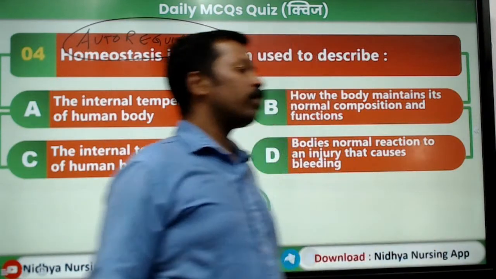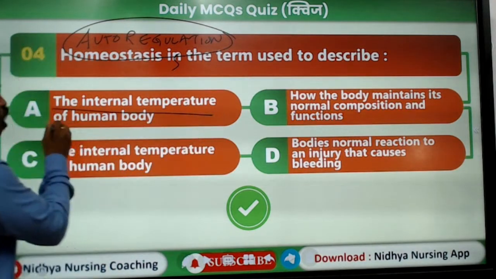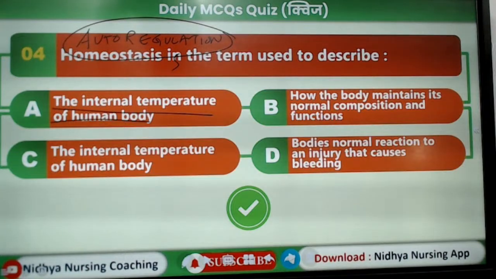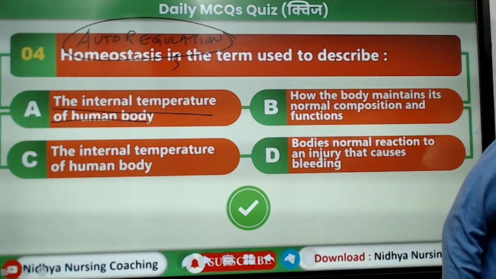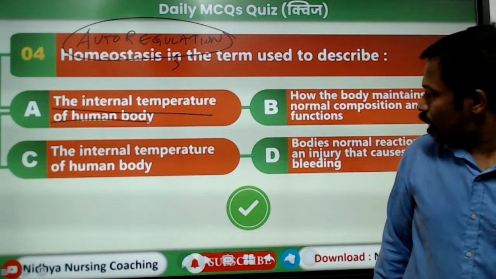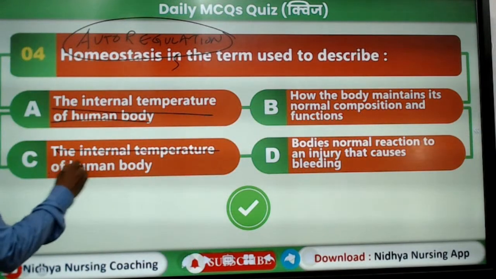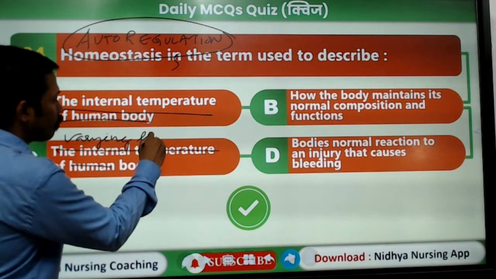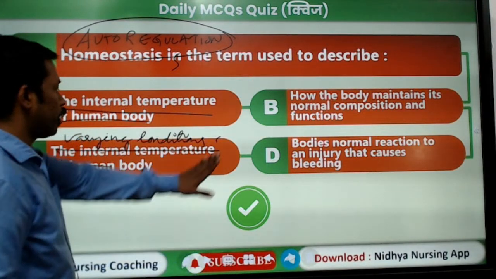So listen here. So from these options, what is the answer? The internal temperature of the human body. Varying conditions of the body.